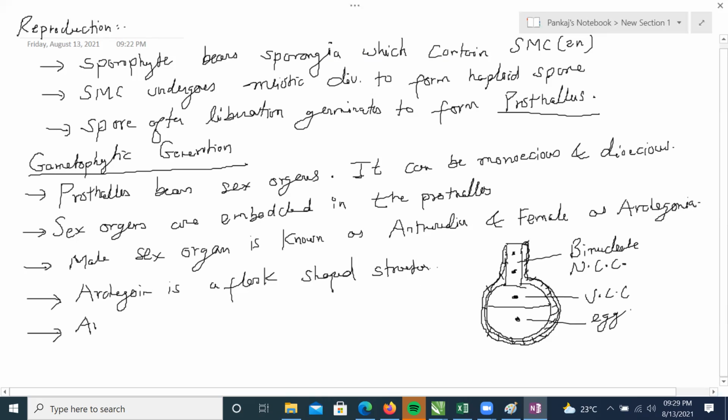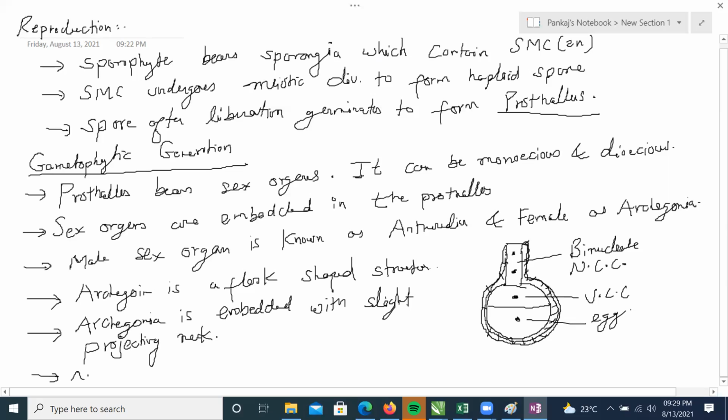So we can say that the archegonium is embedded with a slightly projecting neck. Okay.